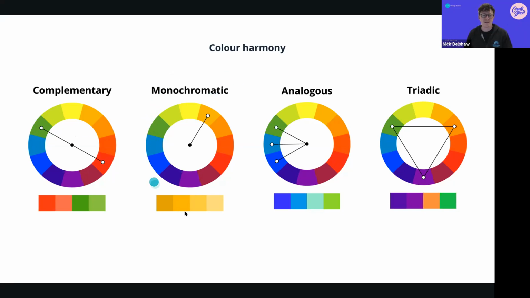A monochromatic palette is something like this, where you take one color and you add varying degrees of shade and tint to that color to make it lighter or darker. And that helps you create a lot of contrast in your color palette. This is actually a really effective way to build a campaign or a brand around a single monochromatic color palette. Some of these other harmonies get a little bit more complex, and we'll have a look at those in our color resource tool in just a moment.